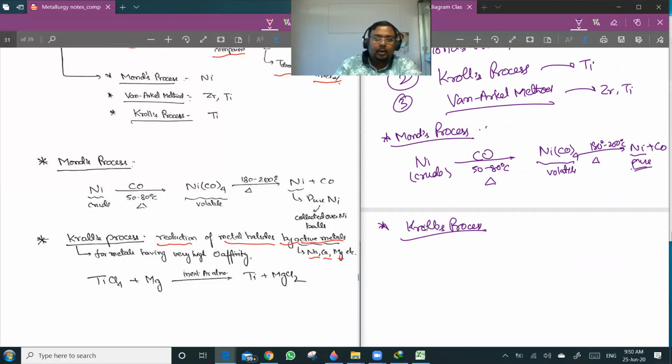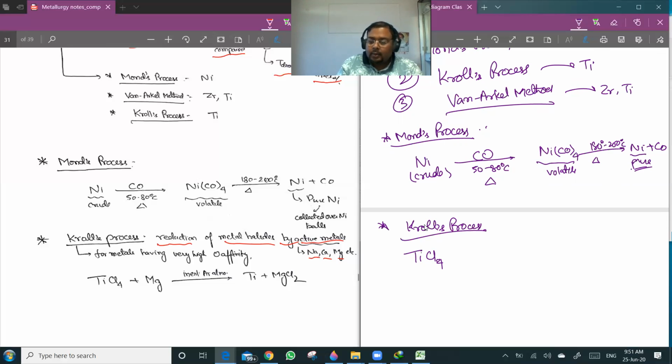Suppose I have TiCl4 and I convert it into titanium dioxide. Titanium has very high oxygen affinity, so it is very difficult to reduce the oxide of titanium. So what we do is reduce the halide of titanium using highly electropositive metals.